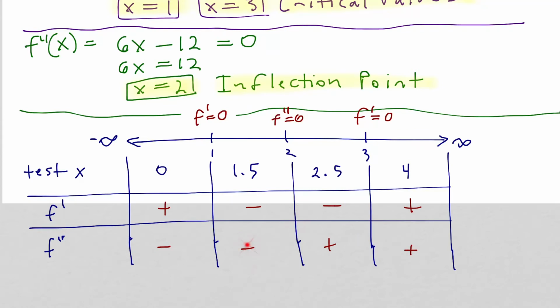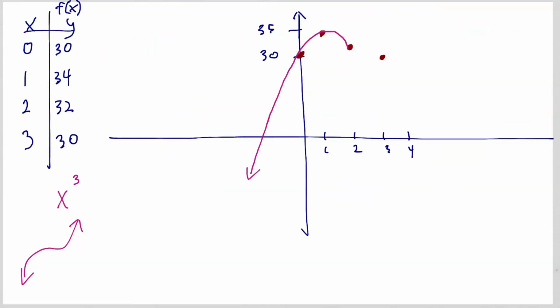I'm going from concave down to concave up, but my slope is staying negative. So that's between 2 and 3. Negative slope, concave up. So that was an inflection point right here where we switched from concave down to concave up. So that should hook together better here. But let's just fix that a little bit.